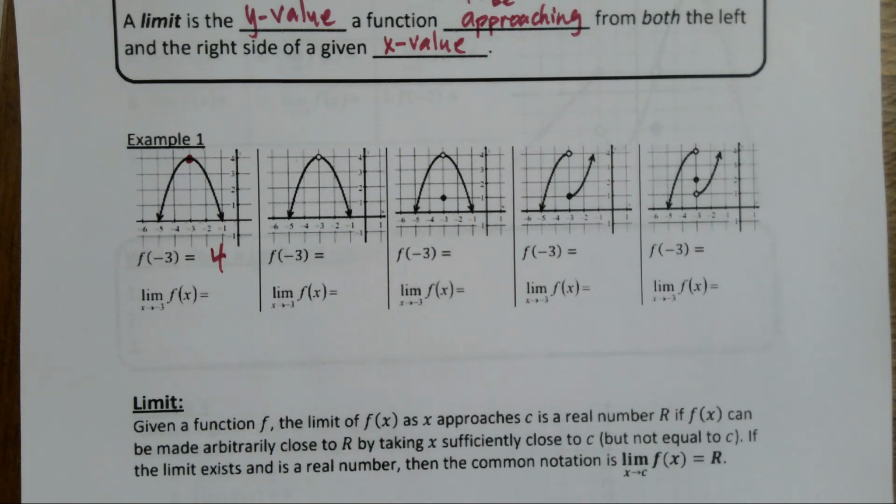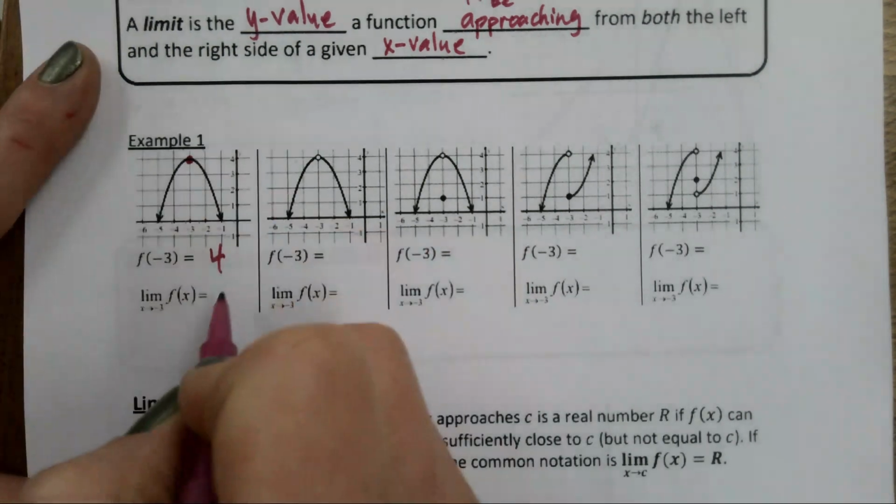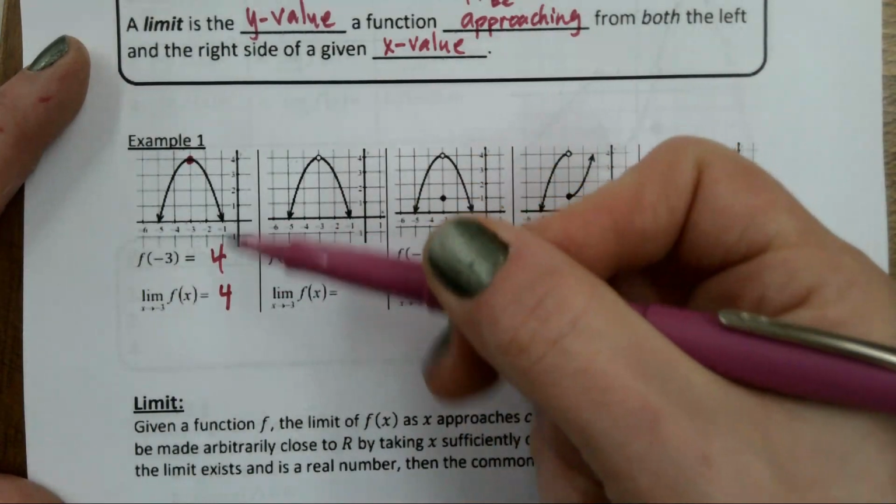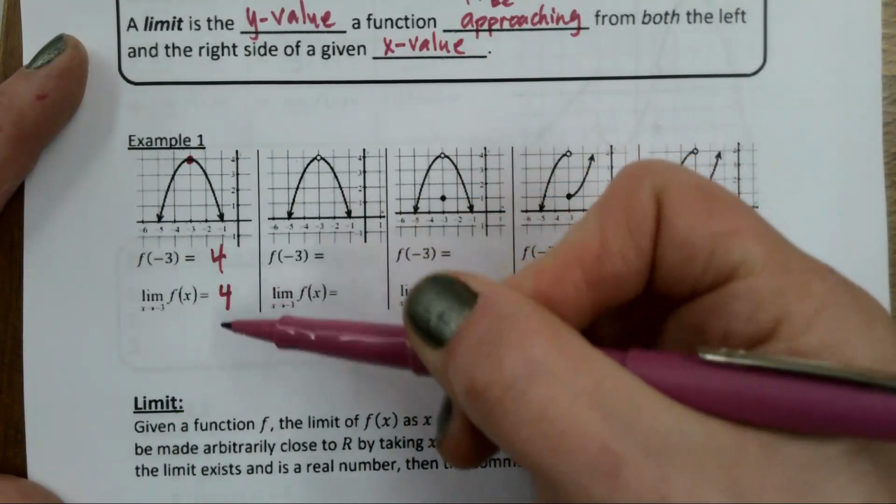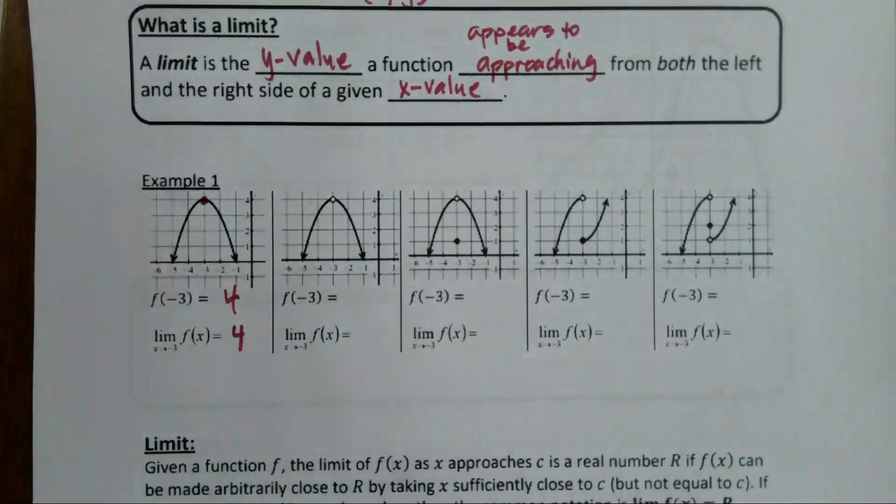Well, the limit has a little bit of a different representation here. What is the limit? That means, where does this function look like it's going on the left and on the right hand side of -3? And it also appears like it's going to 4. So in this case, my limit and my value are the same.